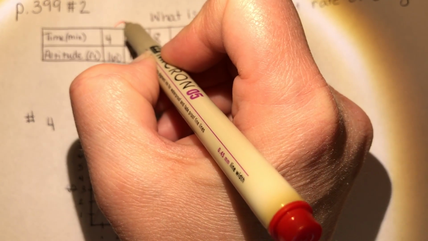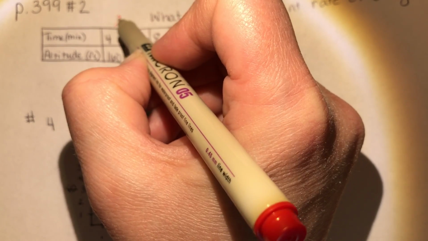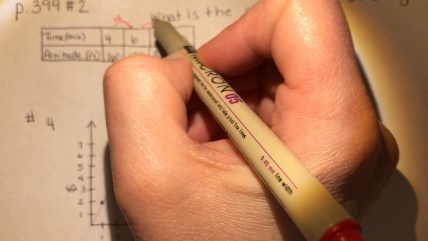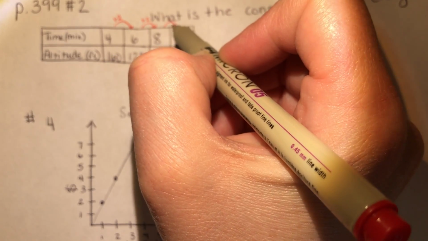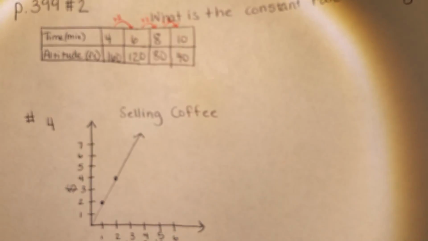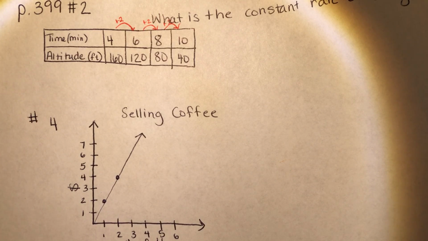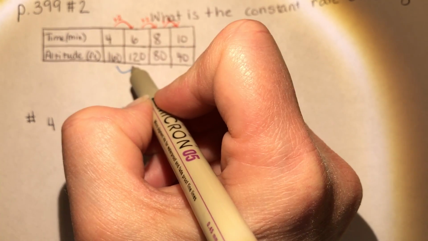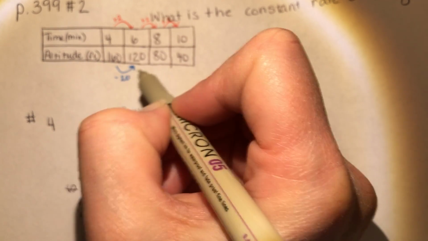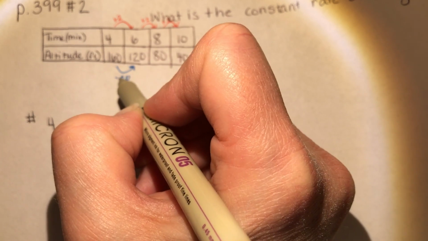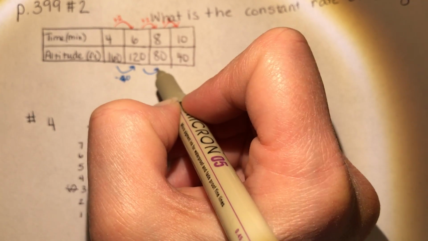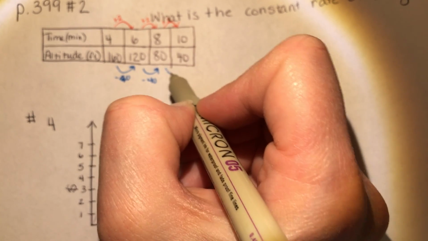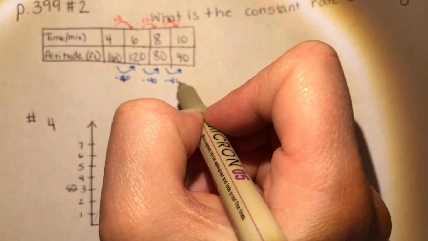So this is increasing by 2, so plus 2, and a plus 2. This one, it's decreasing again, so when you're decreasing, it's going to be a negative. This time it's a negative 40, negative 40, and negative 40.